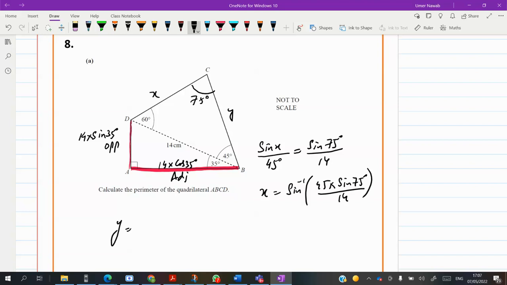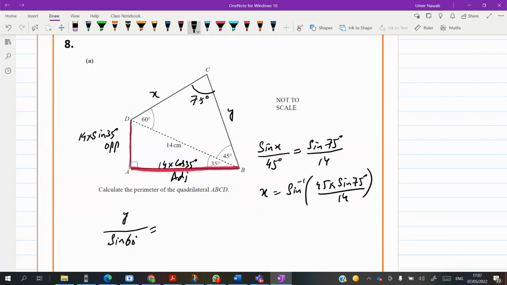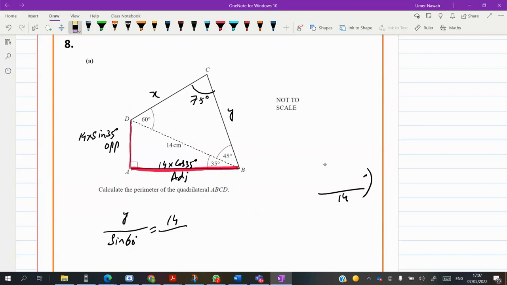Also I want to get y, which is, let me write complete, y over sine 60 is equal to 14 over, sorry guys, there is a mistake. I wanted to find the side.